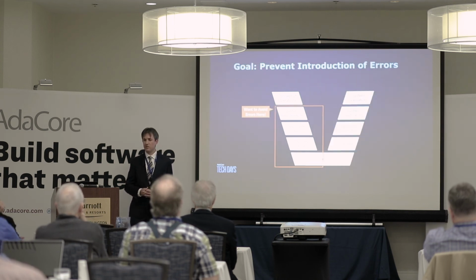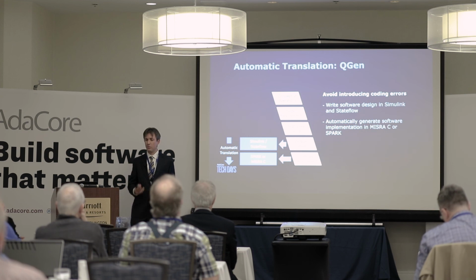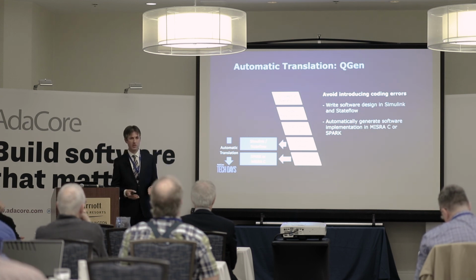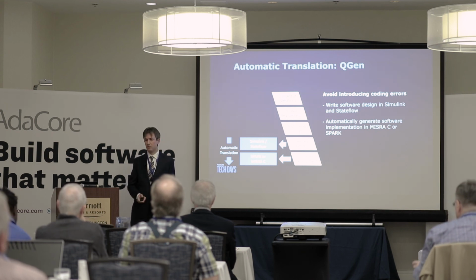The second thing is that we'd like to prevent the introduction of errors during the design phase entirely. One way we might do this is with automatic translation. Using a tool like QGen, we can ensure that after a model has been developed in Simulink or Stateflow, after it's been simulated and the engineers are happy with it, when the code is generated, no further defects will be introduced. This is the basis of the qualification story.